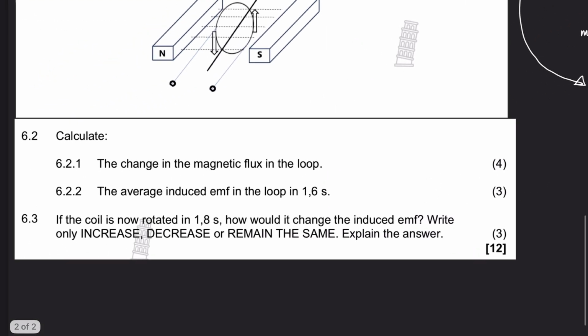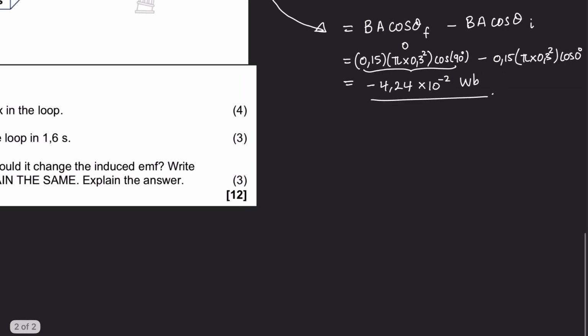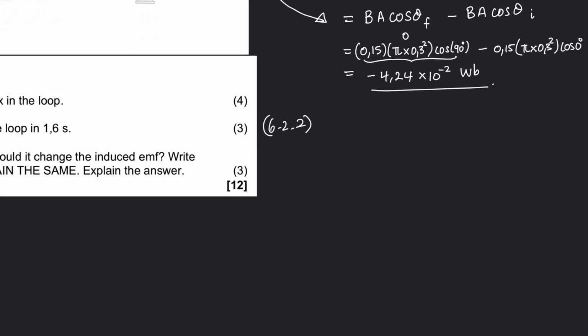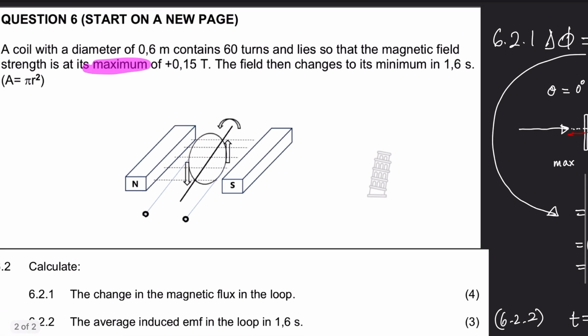Okay, let's move on. Question 6.2.2, calculate the average induced EMF in the loop in 1.6 seconds. Let's think about what we have. We know that the time is 1.6. We know delta phi is minus 4.24 times 10 to the negative 2. We also know the number of loops. They tell us that there are 60 turns.